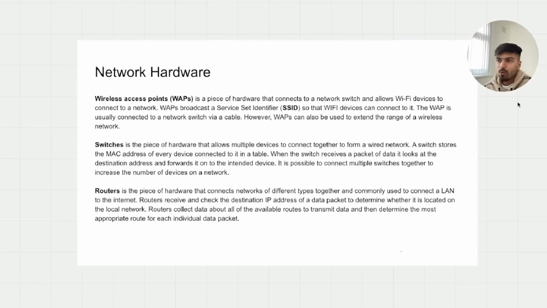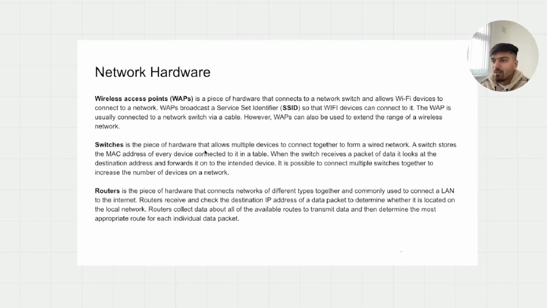So make sure you know your WAPs. A WAP is a wireless access point, which helps connect users to the network. This broadcasts an SSID so that Wi-Fi devices can connect to it. The WAP is usually connected to the network via a network switch via cable. However, WAPs can also be used as a range extender.